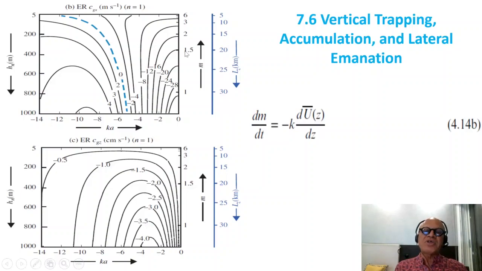Okay, remembering our diagram showing equivalent depth versus longitudinal wave number with vertical wave number and the vertical scales. We saw the group velocities for longitudinal and vertical directions. Remembering again, this is for n equal 1, this is in meter per second, this is in centimeter per second.